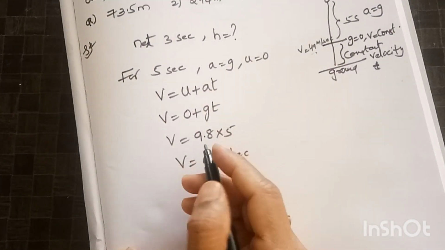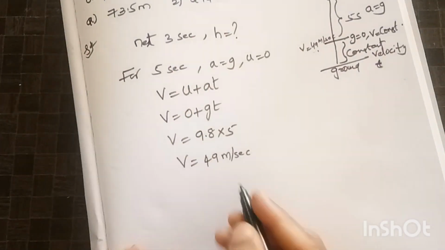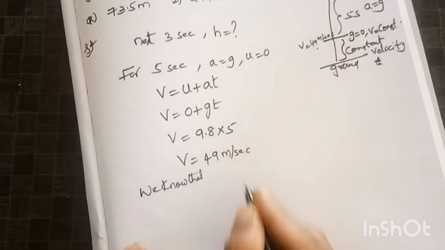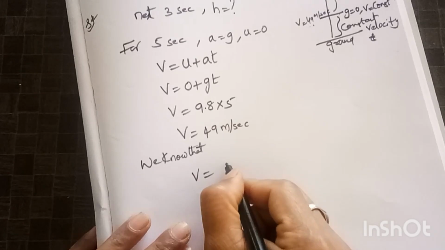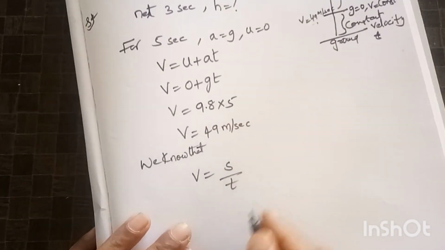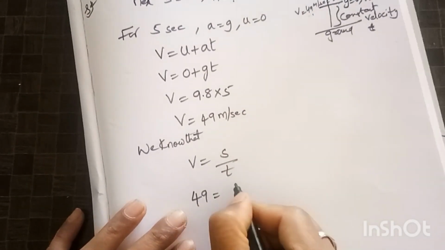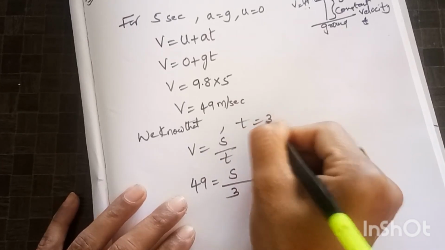You know that the height, the distance traveled by the body, can be taken as displacement. So velocity is equal to displacement by time. What is v here? 49 is equal to s by t, t is 3 for the next 3 seconds.